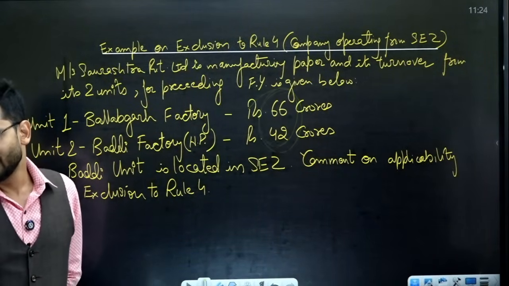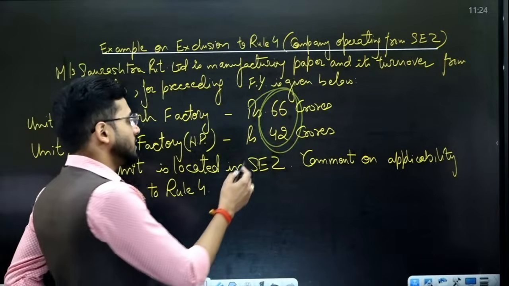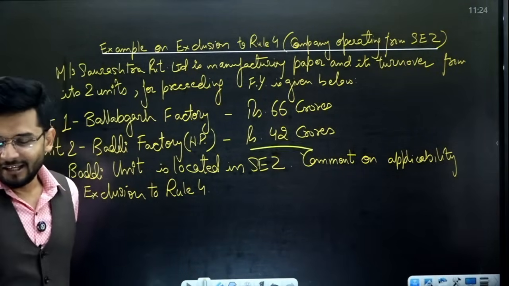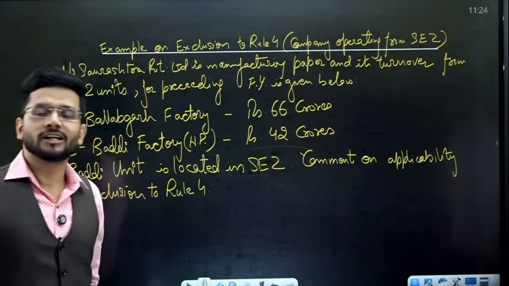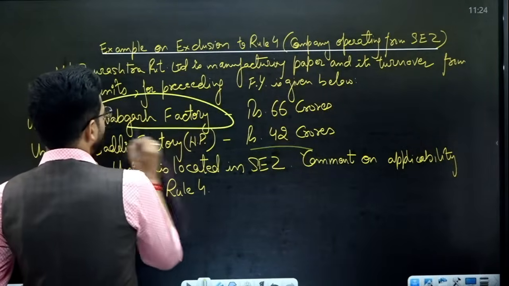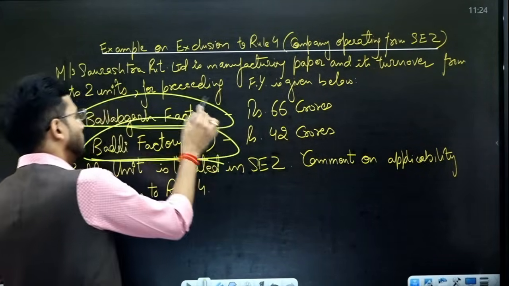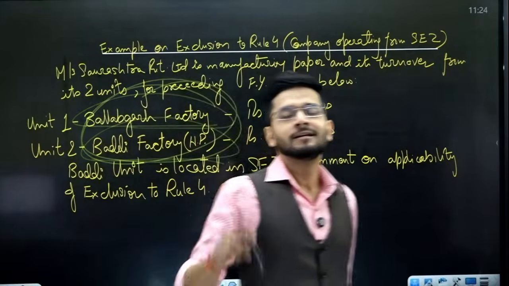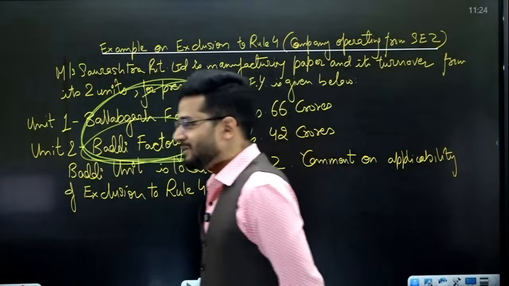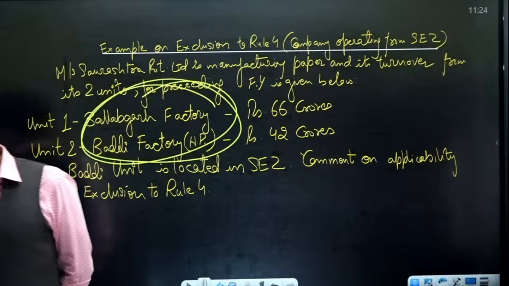That is the criteria. Now you have to tell me whether cost audit is applicable, and if yes, then on which unit. Whether Ballabgarh factory should be subject to cost audit, whether Baddi factory should be subject to cost audit, or both the factories should be subject to cost audit. That is the question. Please answer the question.